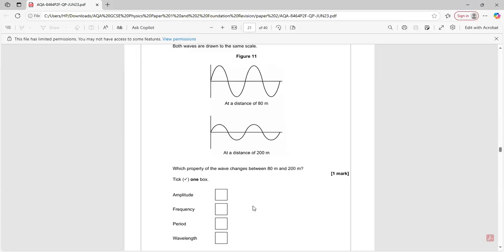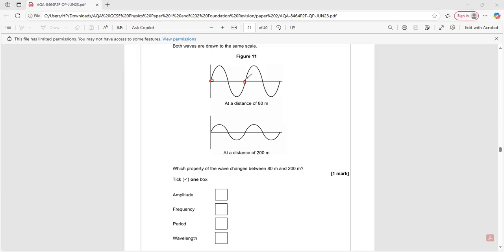I'm not sure that this is talking about time. But if you look at it very well, the number of cycles in both 80 meters and 200 meters is the same. Now, a cycle, let me annotate, is simply between here and here.